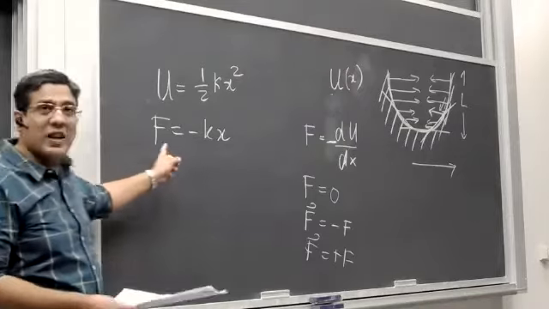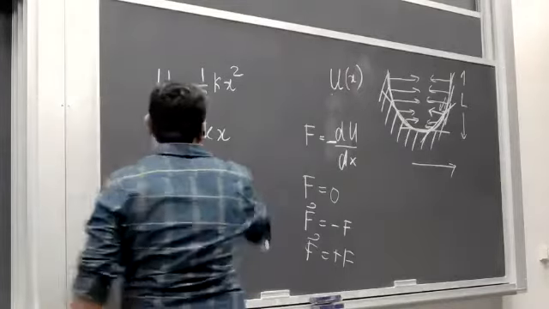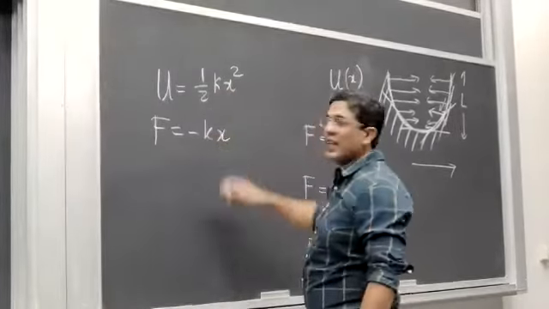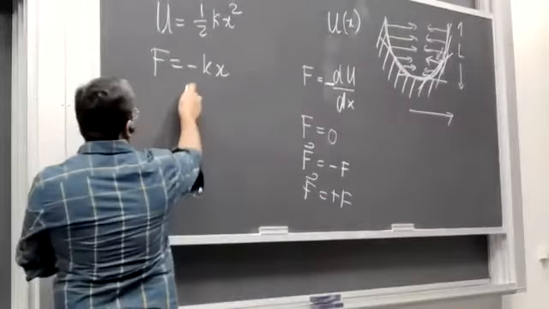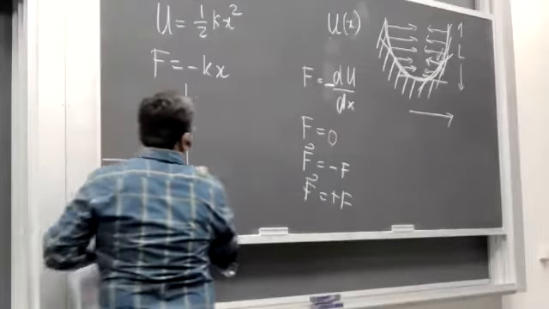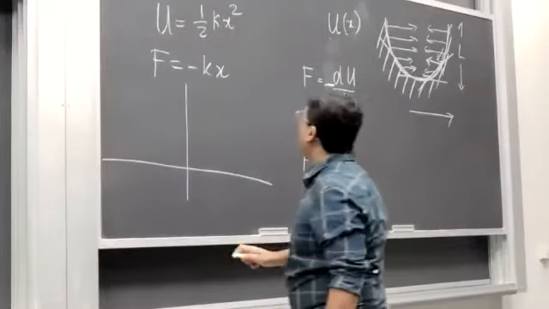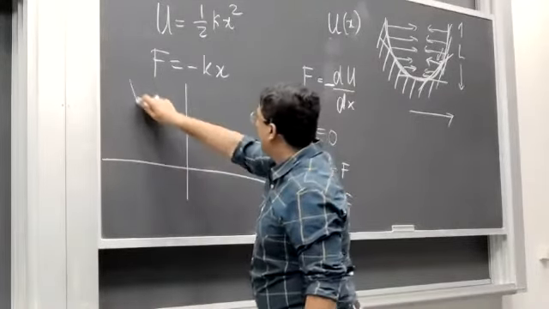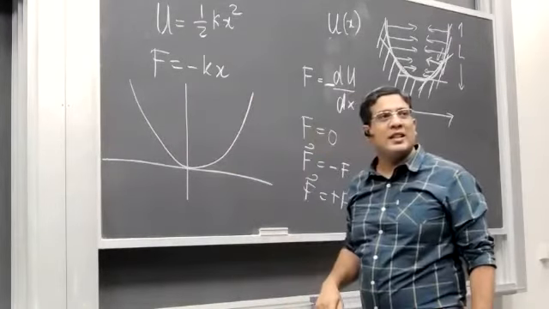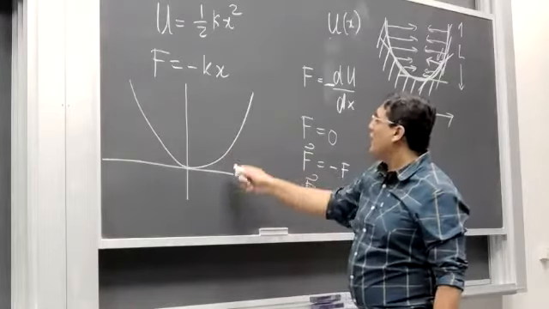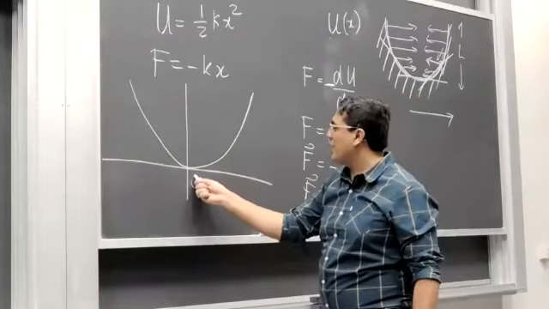And in this case as well, if you plot the potential, this U = ½kx², what kind of plot do you get? You get this kind of plot, right? Now at every point, when x is positive, let's say this is 0.